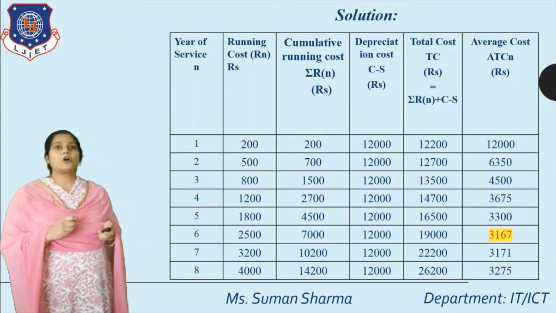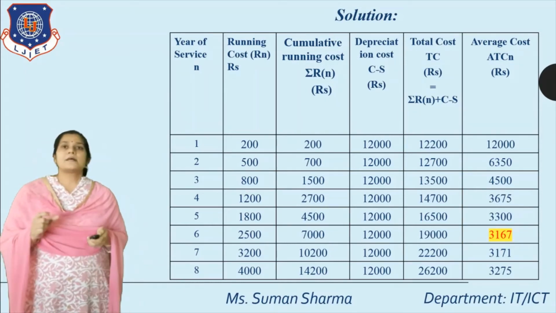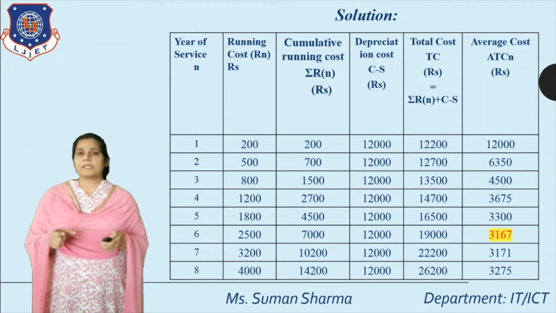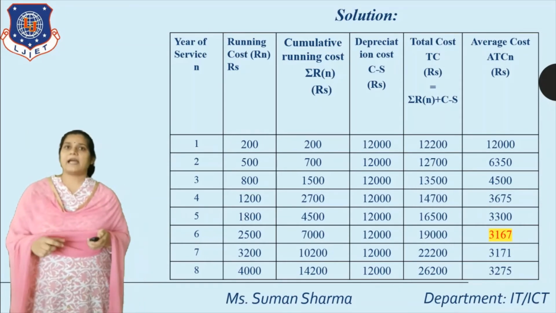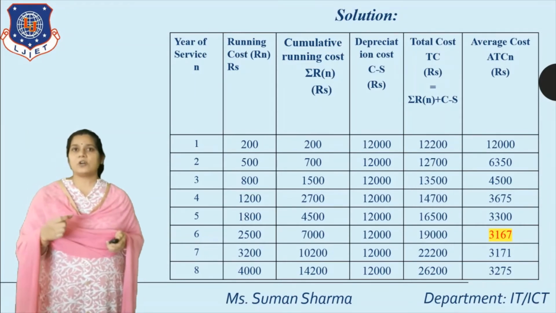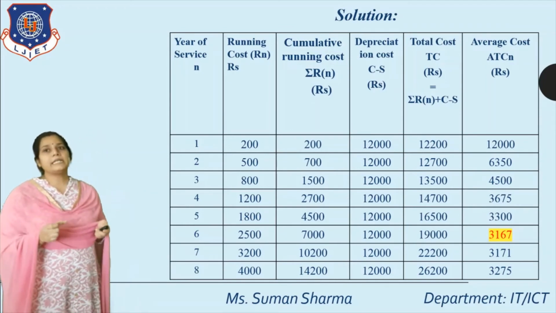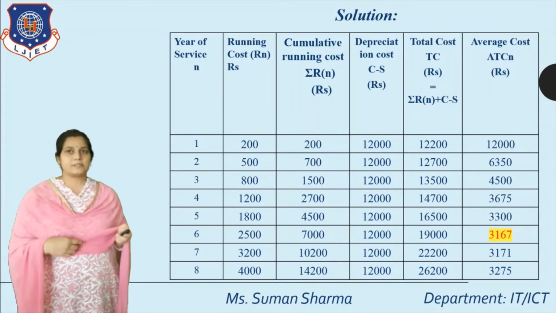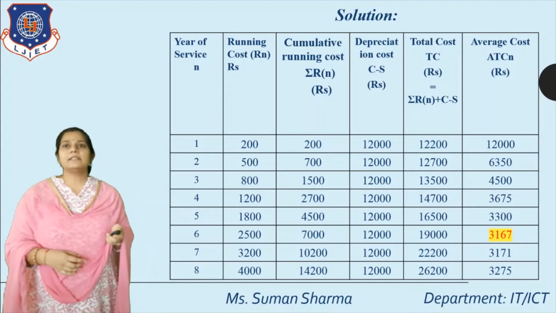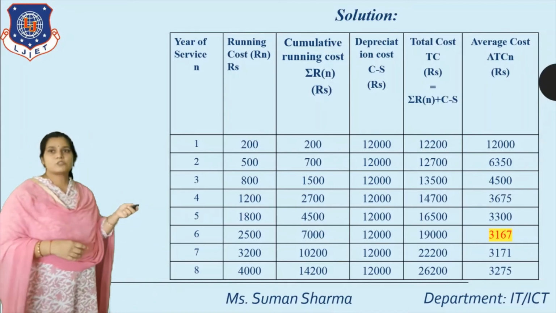Total cost is equal to summation Rn plus C minus S, and the average total cost is ATC N in rupees.